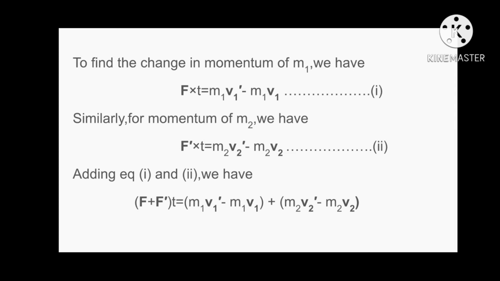Adding equation number 1 and equation number 2, we have F plus F prime multiplied by t, because t is the same in both expressions, is equal to M1 V1 prime minus M1 V1 plus M2 V2 prime minus M2 V2.